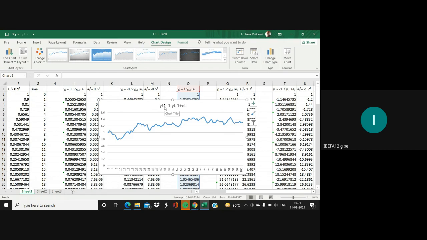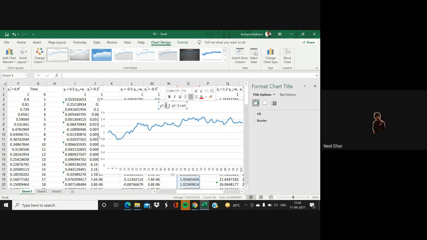What I'm trying to say is that the changes in Yt will simply be equal to Et, the error term at time t. So if you're looking at how Yt changes from one period to the next, the only thing that tells you how it's going to change is the value which the error term takes.